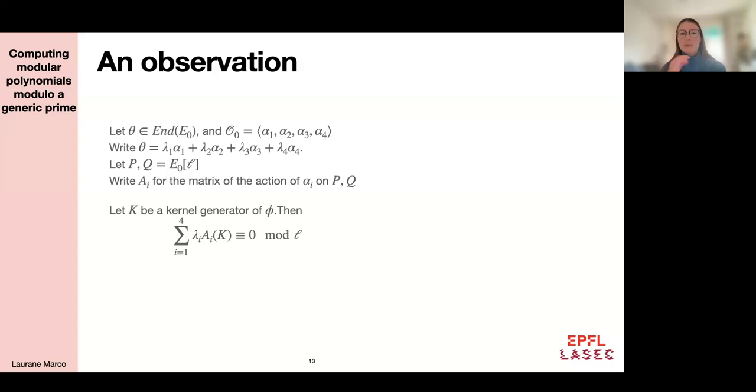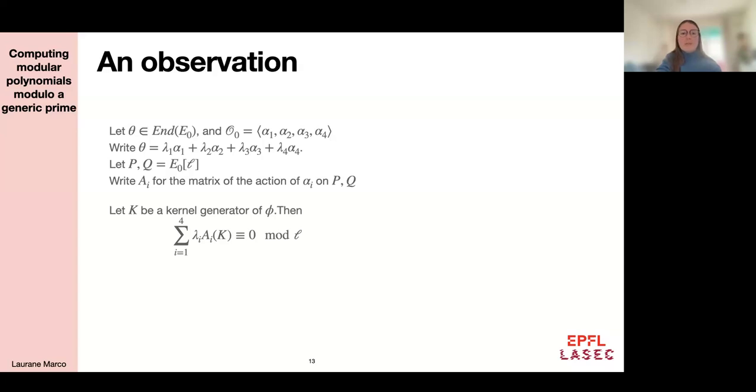And if you know the kernel of your endomorphism phi, then it verifies this equation here. So the sum of the alpha I AI evaluated at k is 0 mod L. So this gives you a very nice, simple equation.